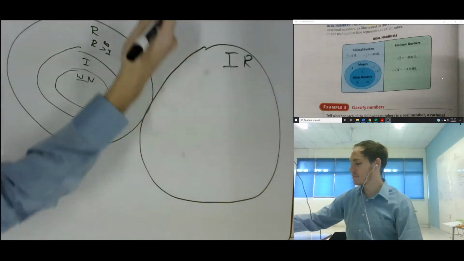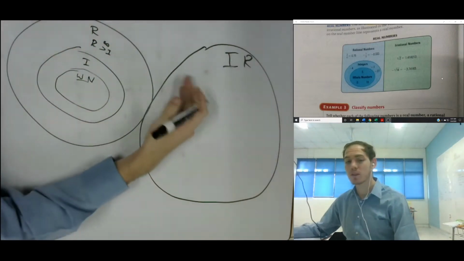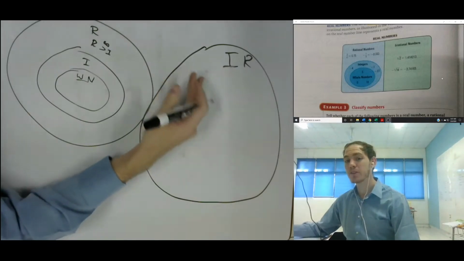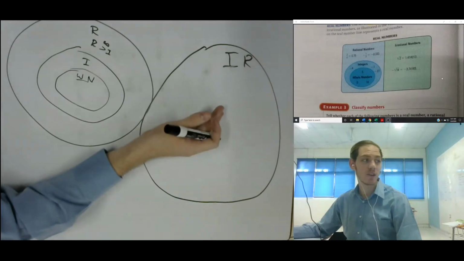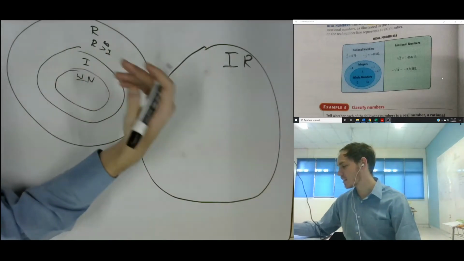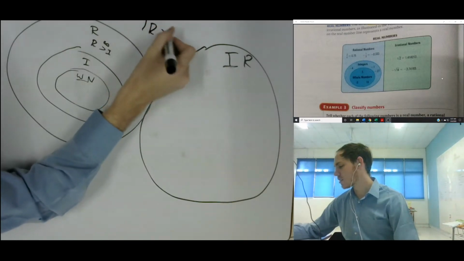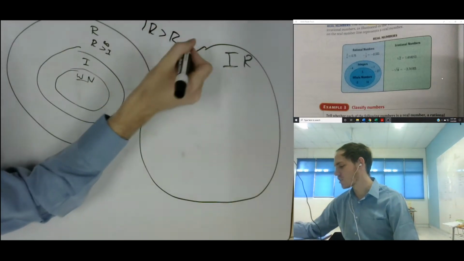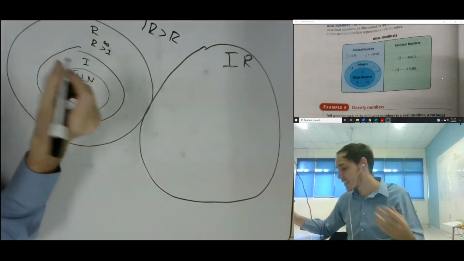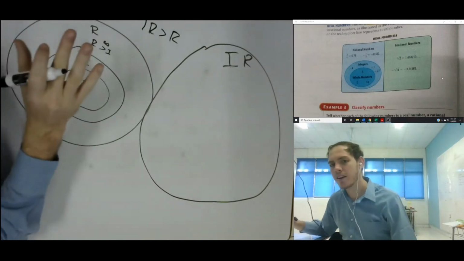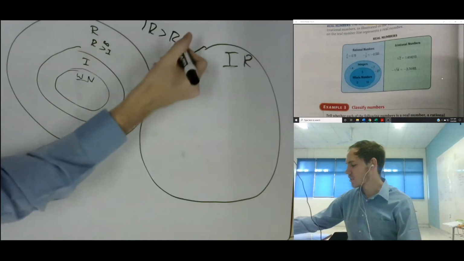This is bigger than this whole thing. There's so many numbers that are not able to be written as a fraction that this category is infinitely bigger than this category. So irrational is going to be infinitely bigger than rational. Let's call this rat.